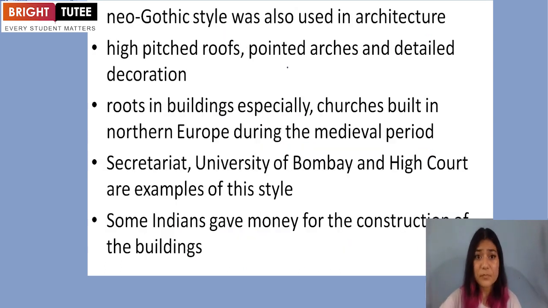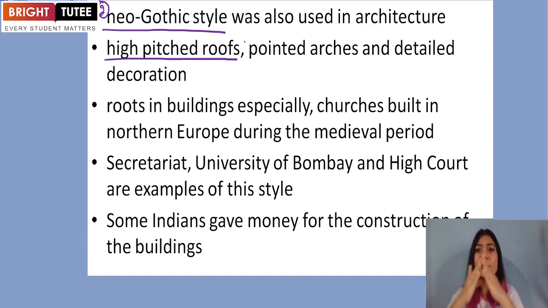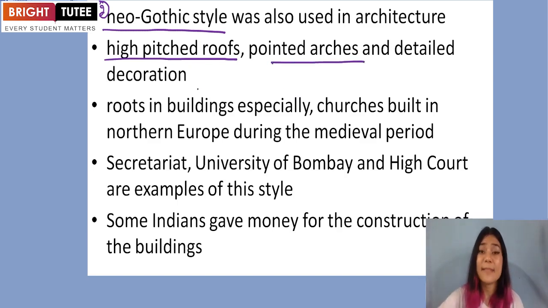Okay. Now the second kind of style is called Neo-Gothic style. This style consisted of high-pitched roofs, very conical and pointed roofs, pointed arches, and detailed decoration used on the outside and inside of the architecture.